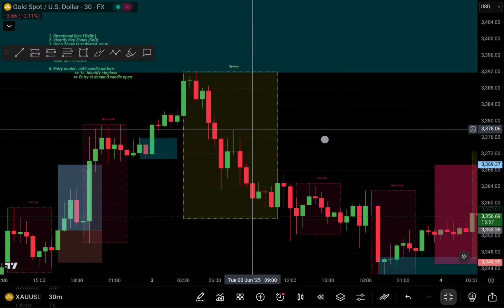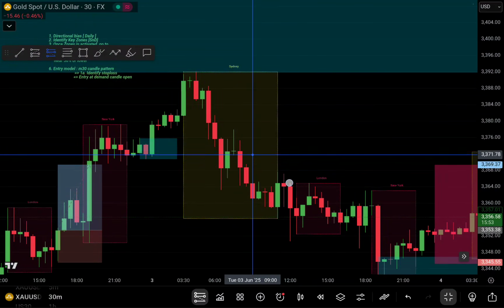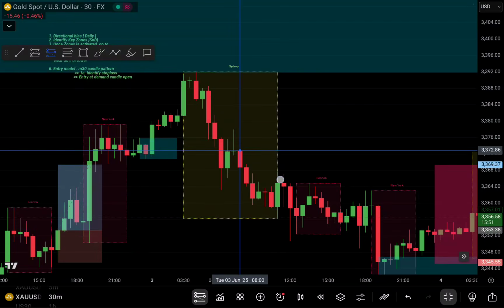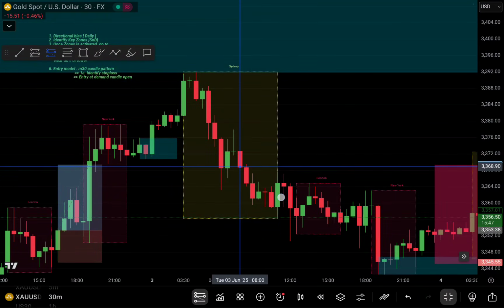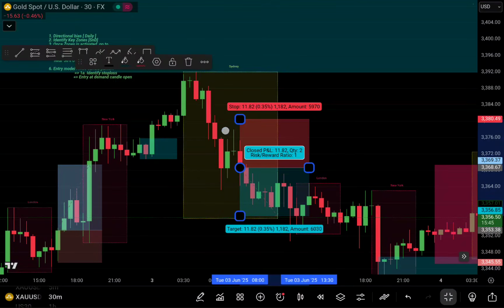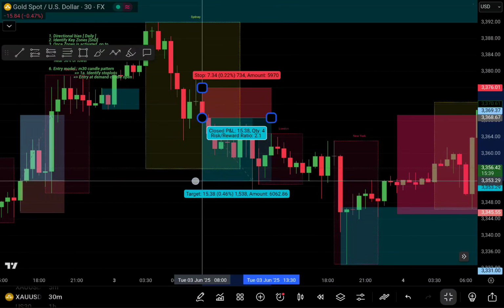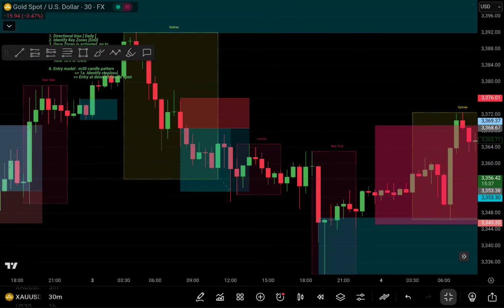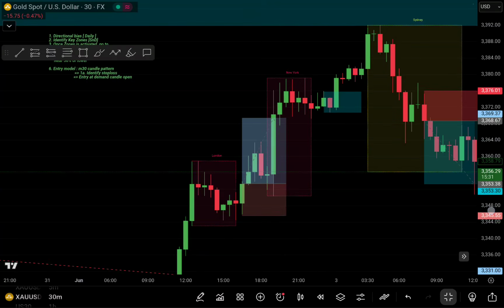After this pullback, it's all about momentum, guys, it's all about momentum. See this doji candle, and this was the engulfing candle which got printed right after that doji candle, which gives us the confidence that price is going to continue lower to our target. Then this is the price action. So in real time your TP would be hit like this, then you would wait.